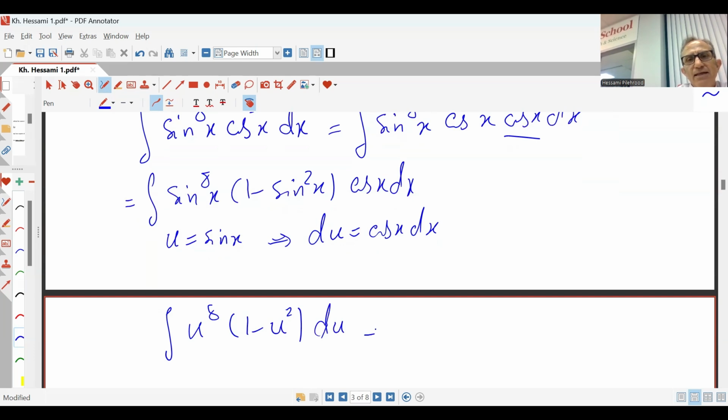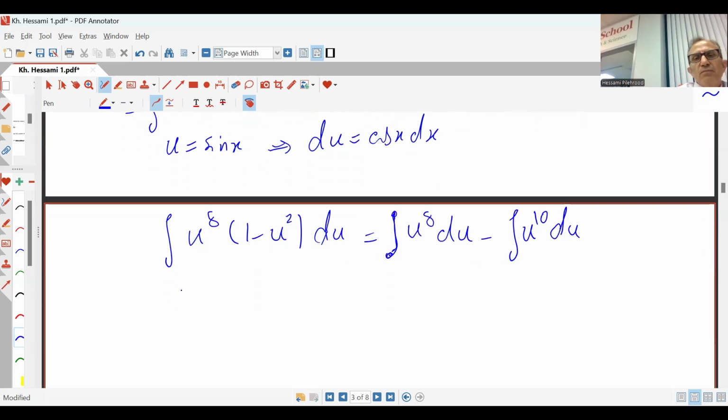If we expand it, we'll have the integral of u to the 8 du minus the integral of u to the 10 du.